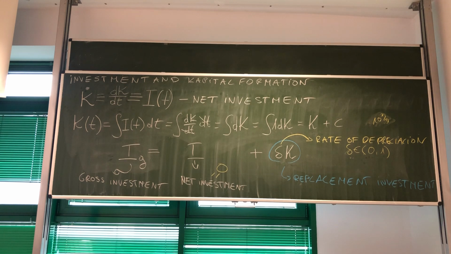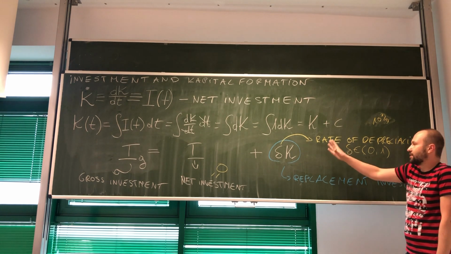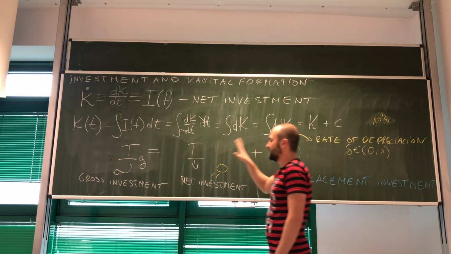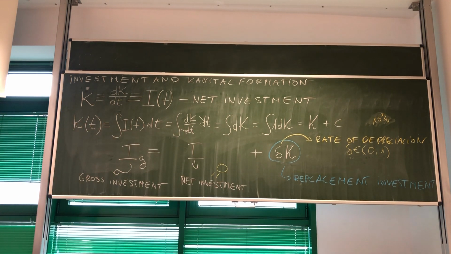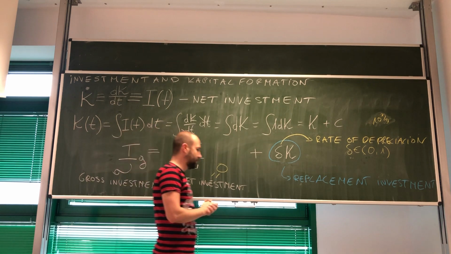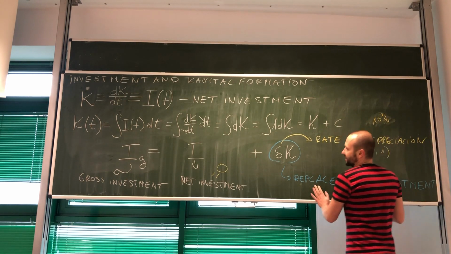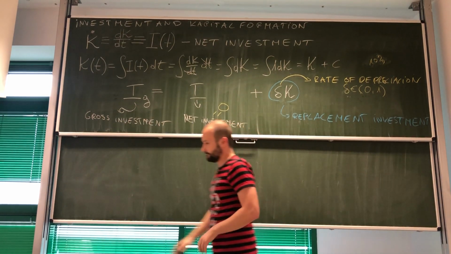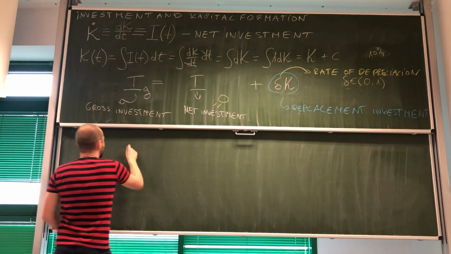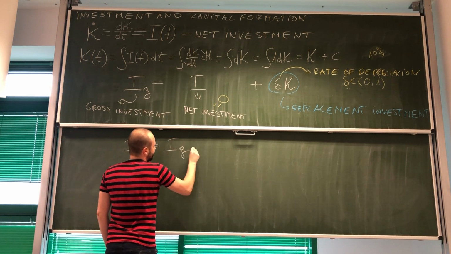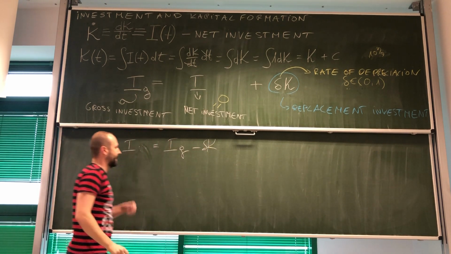Or even if the capital depreciated, but we decided we're not going to fix it, then gross investment would be 0. But net investment, on the other hand, can be negative, because if net investment, or just investment, is IG minus K, right?